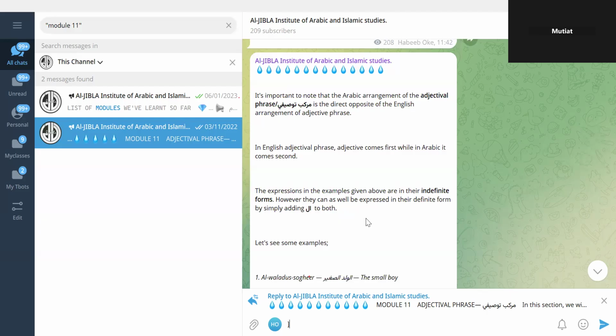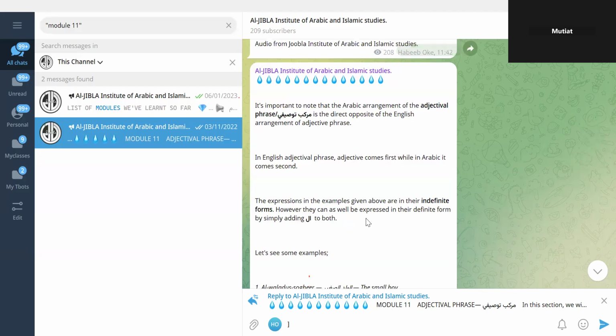If you look at the examples, waladun saghir and the rest, they were given in their nakira form. Waladun is a nakira. Saghirun too. We can make them ma'rifa by introducing alif lam.